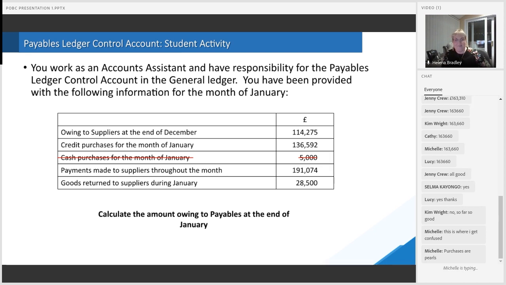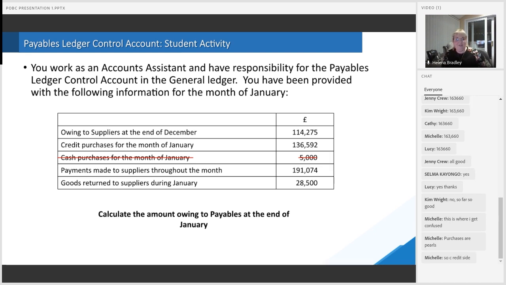Okay, yeah, absolutely. So I see your point. PEARLS is a really effective tool that we use to help you embed your knowledge of double entry. And you know that your purchases, your expenses, your assets go on the debit side. But the purchase represents the value of the goods that you've bought.